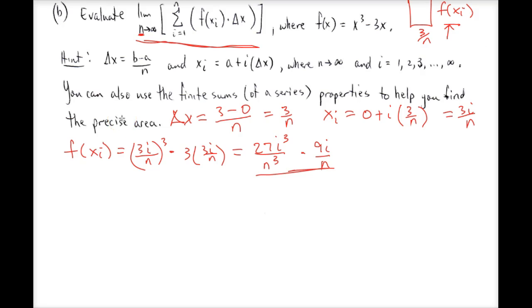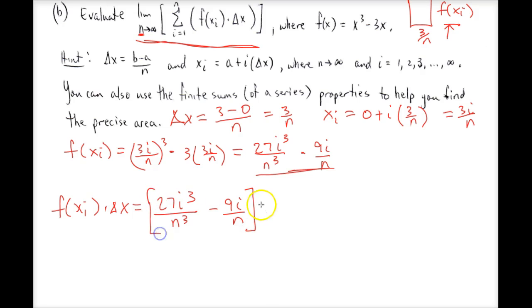So, first thing that we want to do is figure out what f of x sub i times delta x is going to actually look like. So we know that f of x sub i is going to be this, and all of that is going to be multiplied by delta x, which is 3 over n.